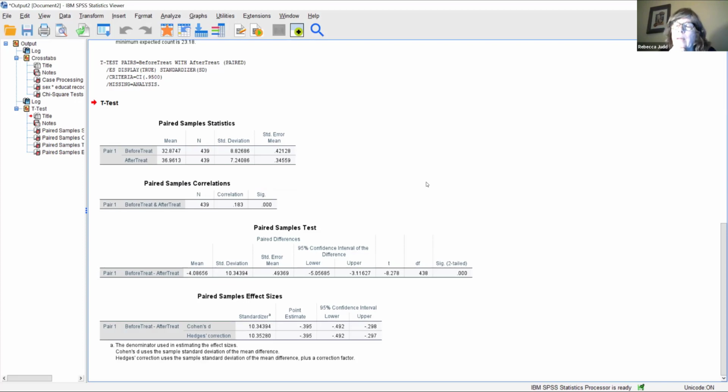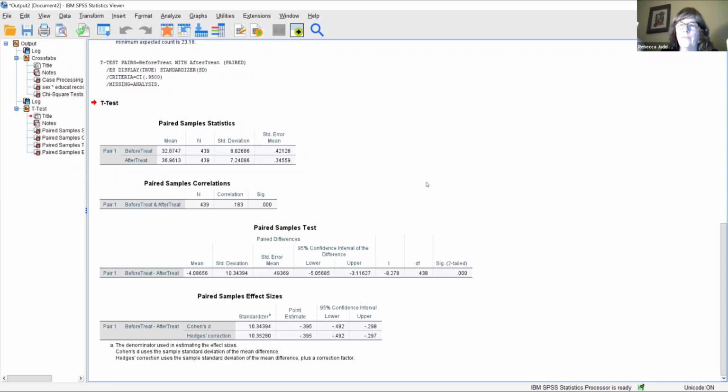We can say that our treatment was successful, that we provided an intervention to increase tolerance for those of other ethnic backgrounds, and that we saw a significant increase in the mean score between before our treatment and after our treatment. Significant increase, that's correct, before and after treatment.